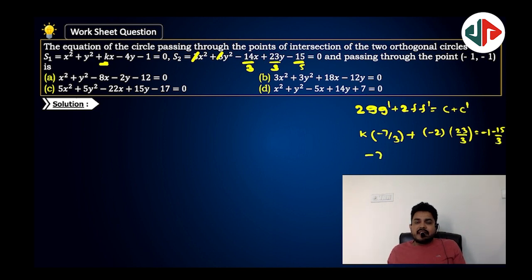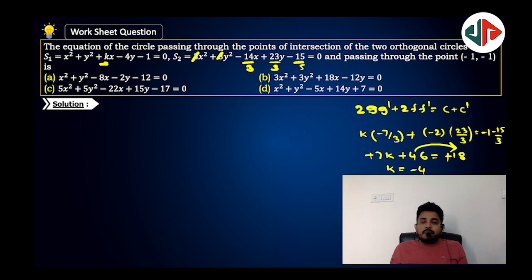So minus 7k minus 46 is equal to minus 18. Right? This value goes this side. So k is equal to minus 4.